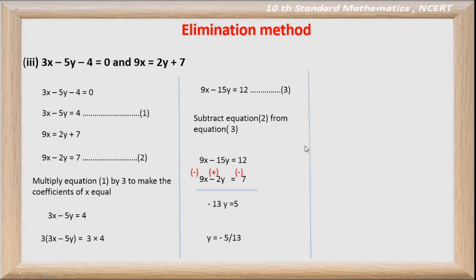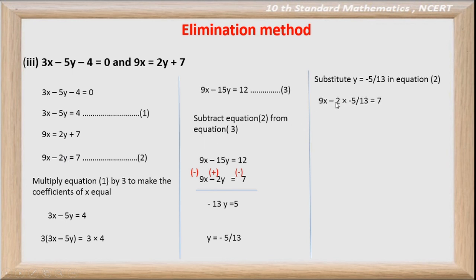The next step is to substitute the value of y in any of these equations. So substitute the value of y equal minus 5 by 13 in equation 2. See here, in this second equation I am going to substitute the value of y in y's place.